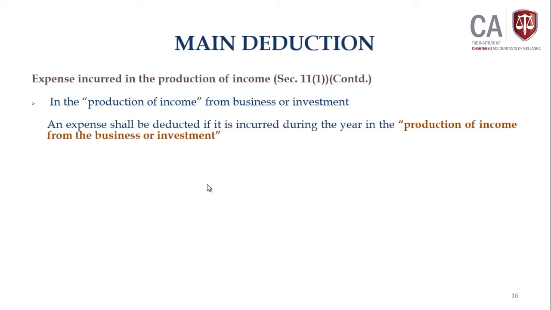Okay. So, you come to the main deduction rule: any expense incurred in the production of income from business or investment. So, even in the calculation of investment income like rent income, royalty income, interest income, you can claim the expenses connected to that, if it is incurred in the production of income under section 11.